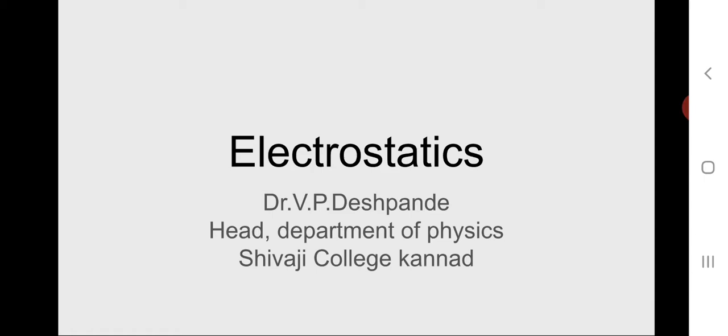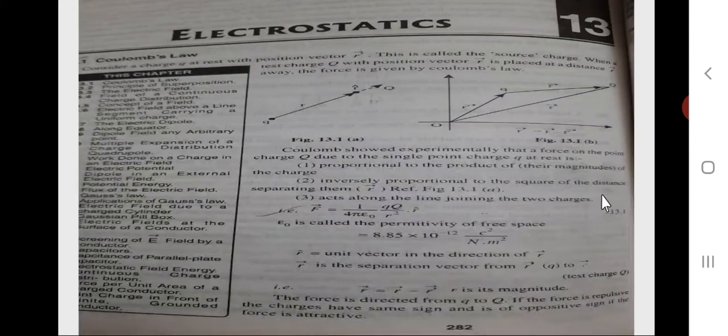Now today's chapter is electrostatics. In electrostatics, Coulomb's law is most important. Let us consider a point charge q, which is at rest with position vector r', and this is called the source charge.